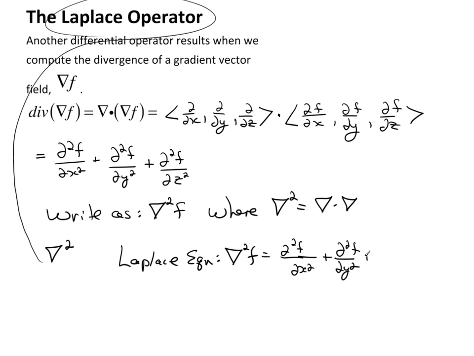Yeah, sorry, getting a little sloppy here. Second partial of f with respect to z equals 0. Laplace's equation is right here. It's the solution to this. And that is used quite a bit in physics.